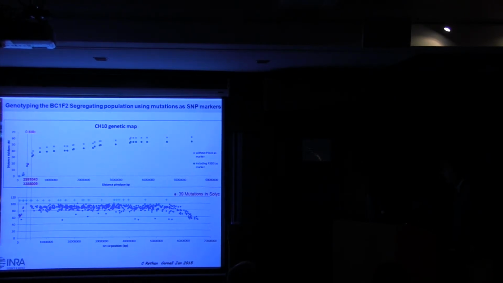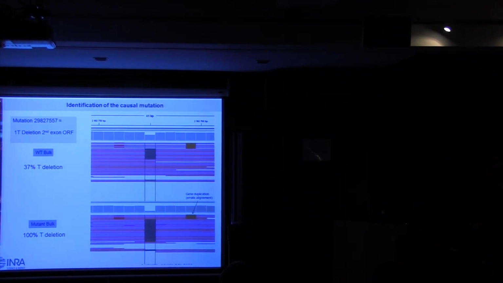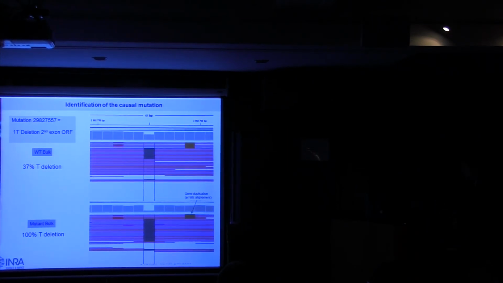And actually, the mutation was identified by looking at the mutations that were filtered out in the first step, and we identified one T deletion in one gene. We clearly see here the frequency in the mutant bulk and in the wild type bulk, and it is very close to what we are waiting for.